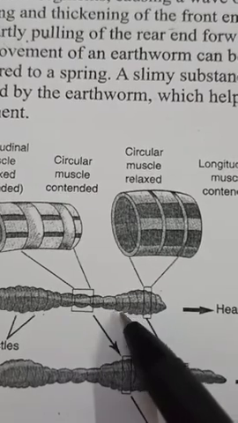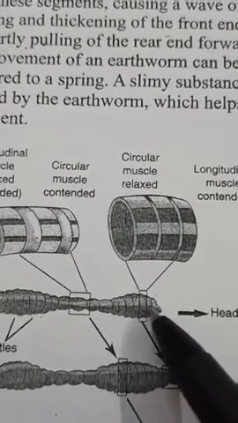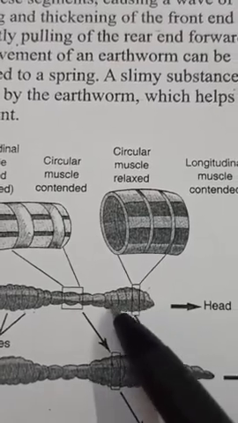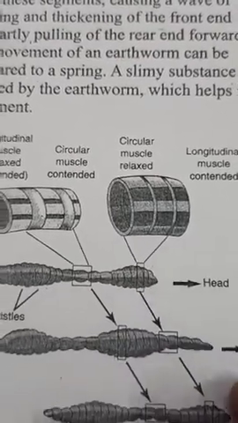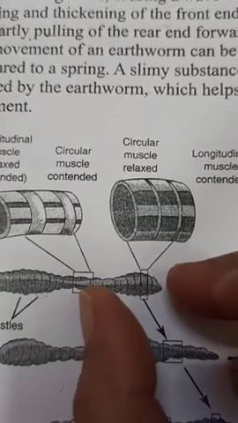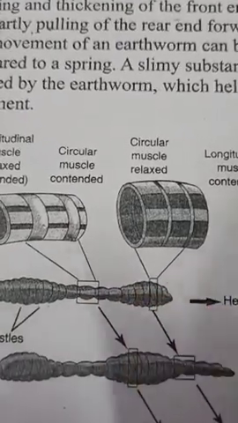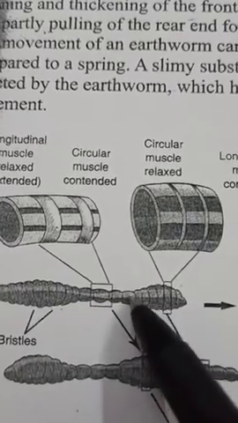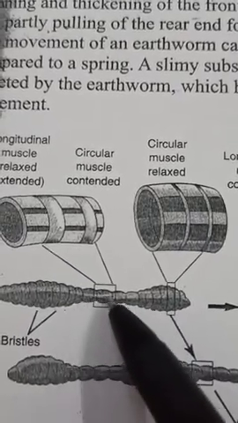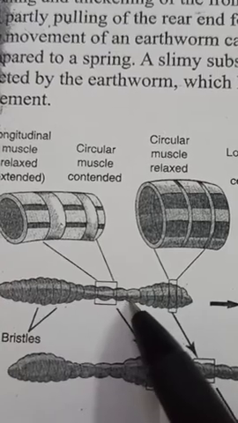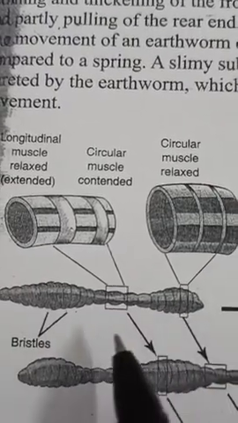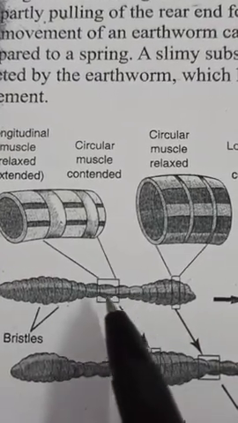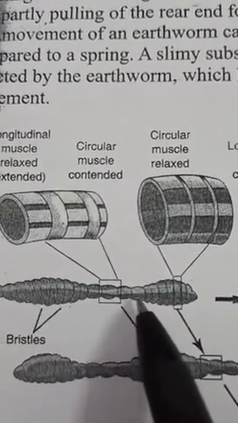You can see, when the longitudinal muscles remain active, at that time their body contracts, means its segments gather together like this. Okay, and it shows thickening. And when circular muscles remain active, they do their work, at that time these parts, these segments, become stretched.